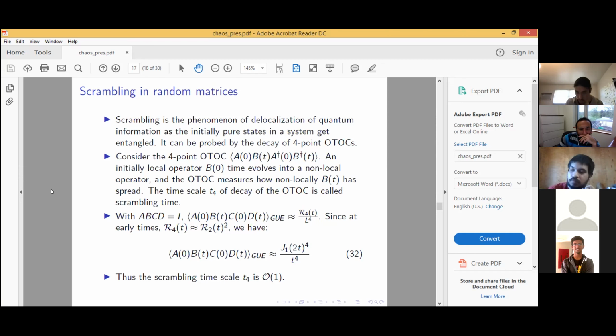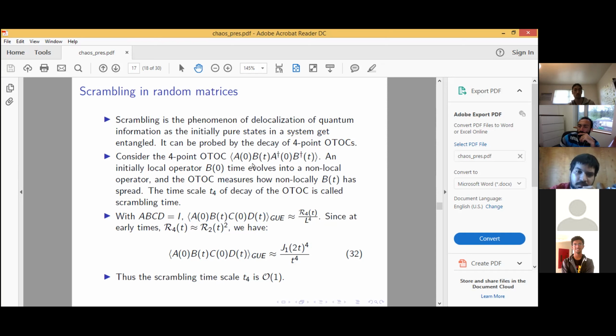That's intuitively to be understood as the delocalization of the quantum information. This phenomenon is known as scrambling, and it is probed by the decay of 4-point OTOCs. So we can consider a 4-point OTOC that looks like this: A0, BT, A dagger 0, B dagger at T.